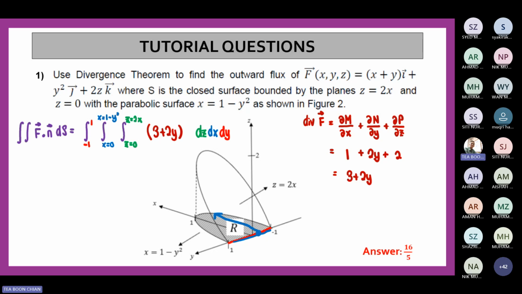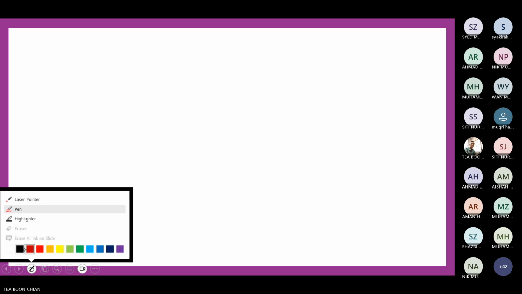All right, never mind. Let me go through with you the solution of this dz, dx, dy. So after setting this up, let me rewrite again the whole triple integral in the next blank slide. So this is to say again, the flux of F dot the normal vector n with respect to surface is given by the outer integral from -1 to 1.